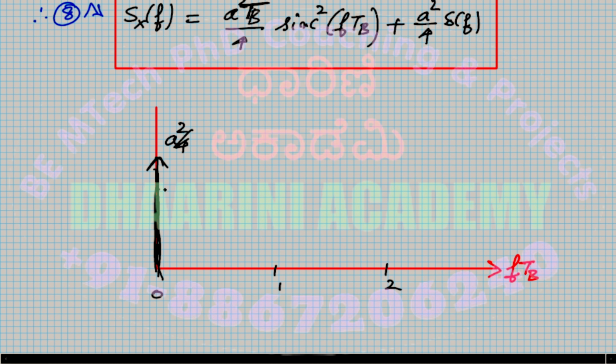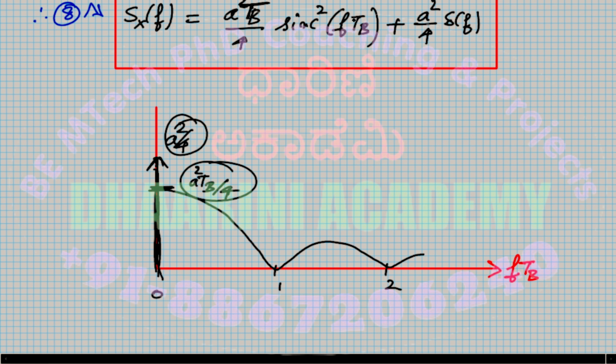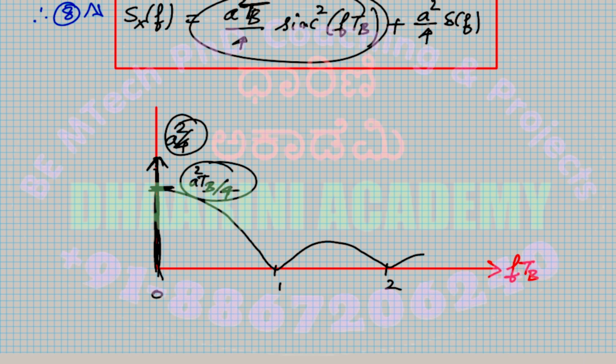It will start from somewhere here, come down, reach 0, then go up, then come down, then go up, and so on. What is this magnitude? This magnitude is equal to A squared Tb by 4. So the delta function has an amplitude A squared by 4, and the highest point of the sinc function, which is a different function I have to add, has a highest value equal to A squared Tb by 4.